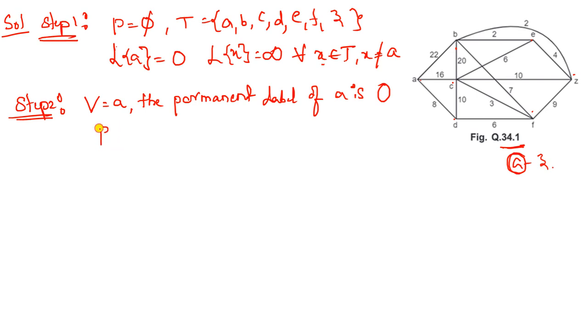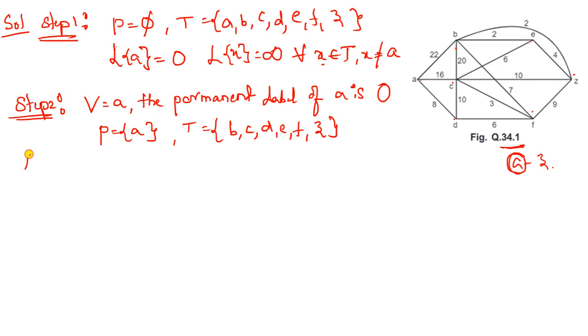Next, the path P is equal to A. Here we start with A. Then T is equal to the remaining vertices after eliminating A: B, C, D, E, F and Z. Now in this step we have to compare A to B, A to C, A to D, A to E, A to F and A to Z, that is, check whether the edge exists or not.